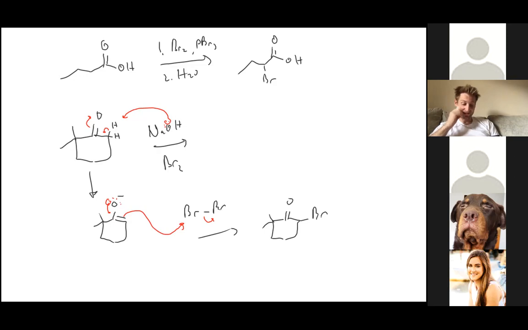The issue is that once you've done this, this is actually going to be more acidic because that Br is there than it was over here. So instead of attacking another molecule and doing this again, it's just going to attack this molecule again.